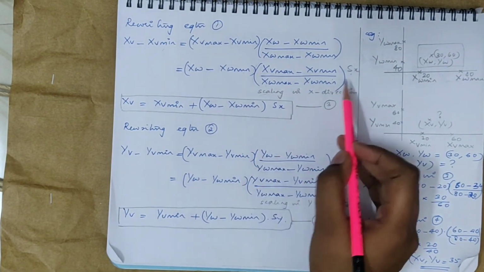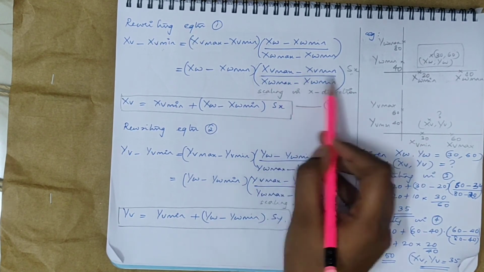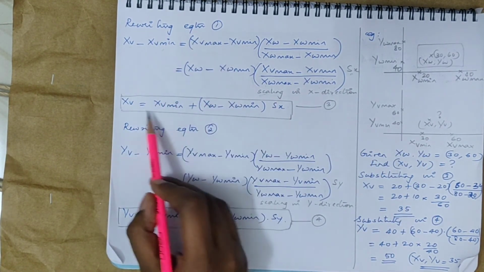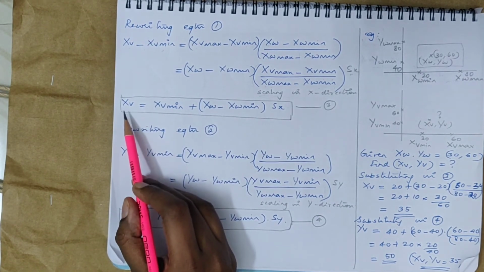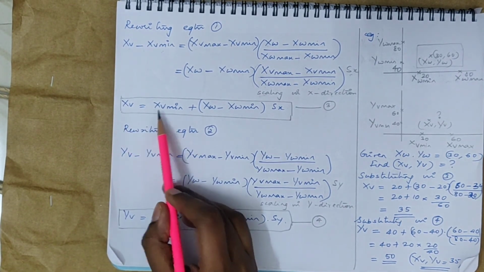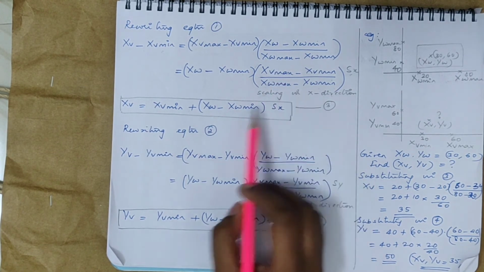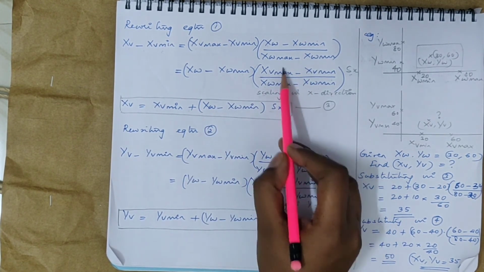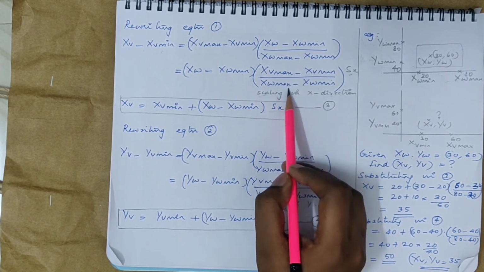If you rewrite this equation, I am taking this factor to the right hand side. So you will get a formula for xv: xv is equal to xv min plus xw minus xw min multiplied by the scaling factor, which is nothing but this fraction over here.